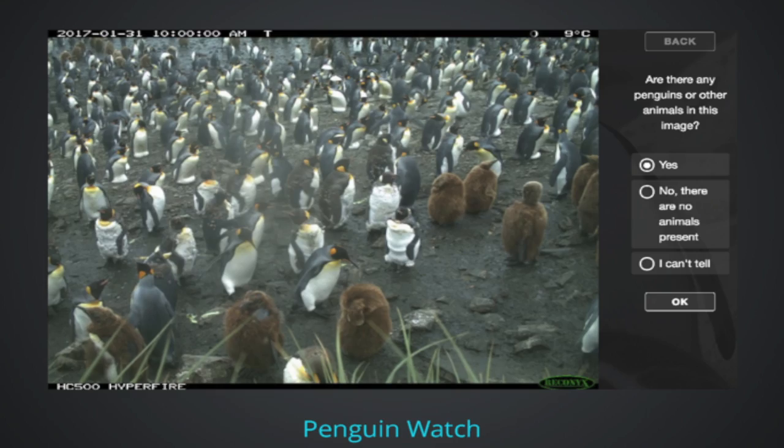Did anybody remember, I think it was earlier this year, they found that massive new colony of penguins? No. So that was part of this. So you get an image of penguins, and you're supposed to help count how many there are.